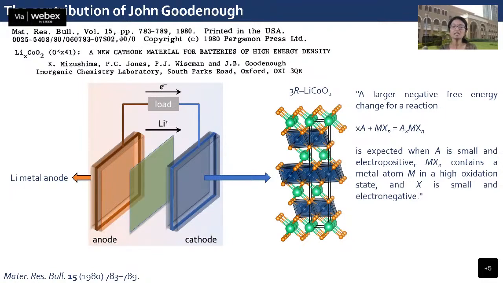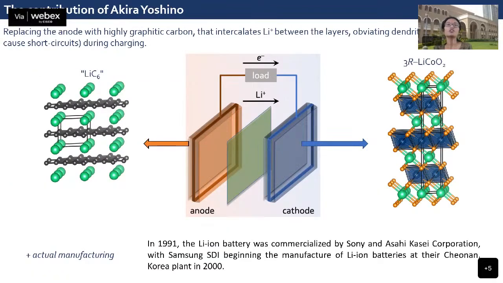So he used lithium cobalt oxide as the cathode, and he showed that yes, this particular material can work. The concept was developed by Whittingham, and the cathode material, that is LiCoO2, was developed by John B. Goodenough. And the next contribution was by Akira Yoshino.